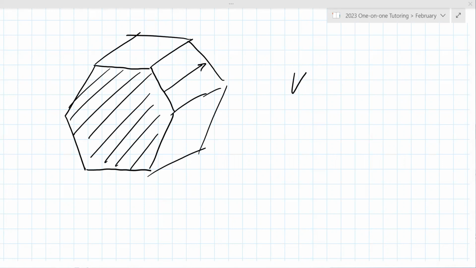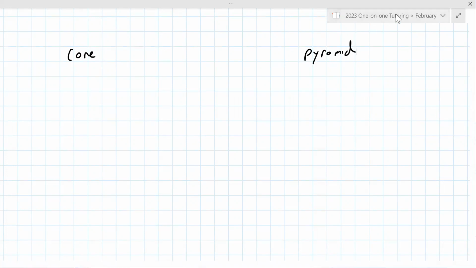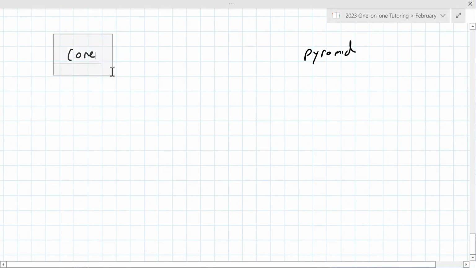There are two other objects that they usually require you to know. One is a cone, and the other is a pyramid. Were these some things you're covering in class? Yes. Okay, so let me write the formula for a cylinder, and then we're going to talk about how it relates to a cone. So the volume of a cylinder is pi r squared h.